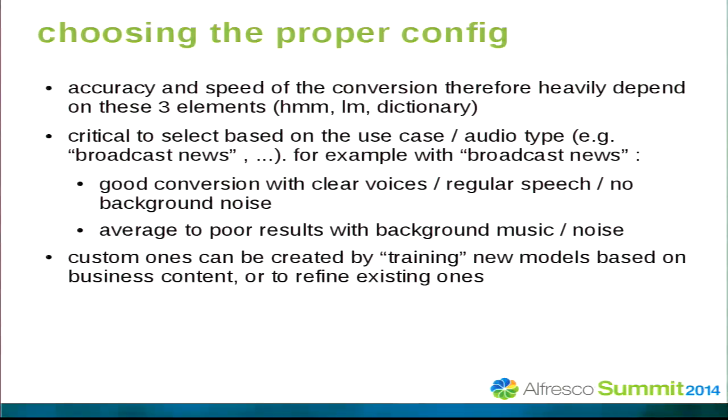If you want something more tailored to your environment, you might want to consider training the engine against your own set of content. If you have a giant corpus of millions of audio files that are not really standard, you can train the engine to recognize your own content, and then you will have better results when you are indexing similar content.